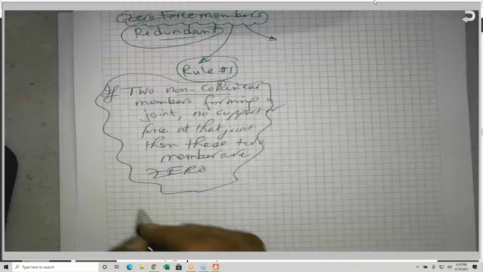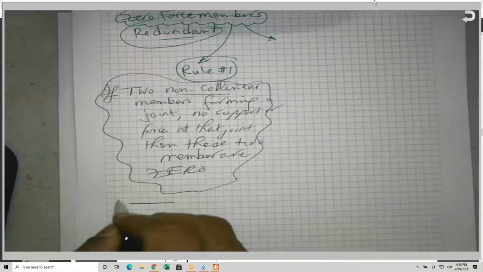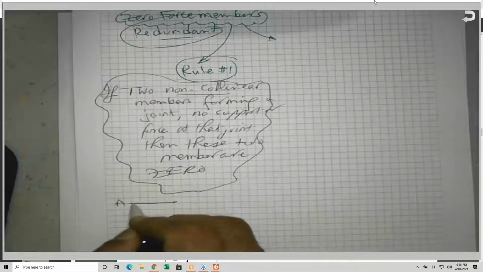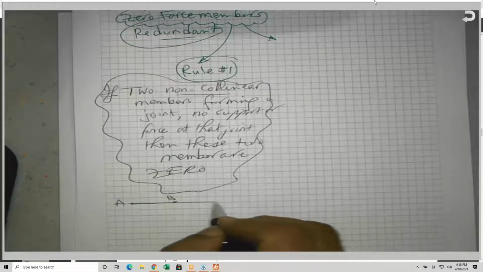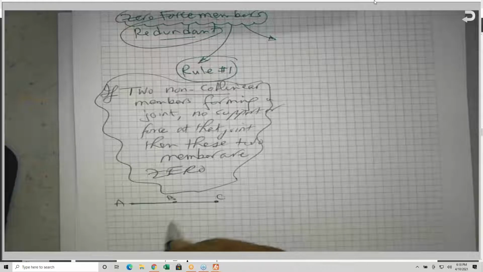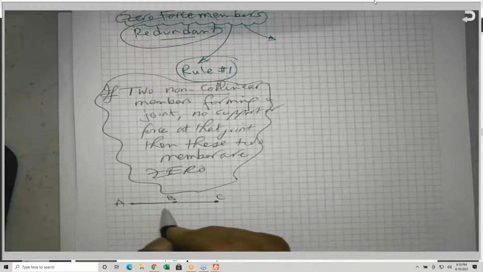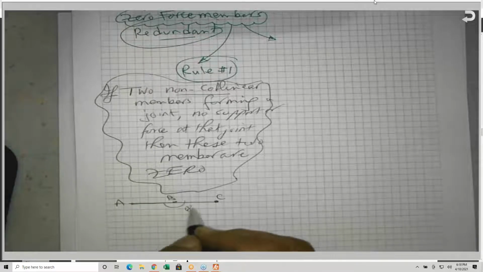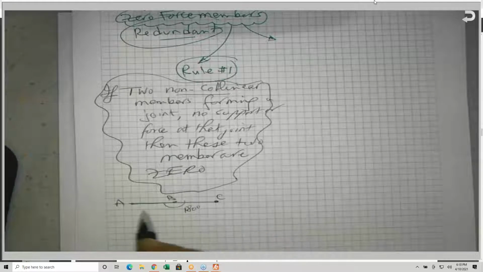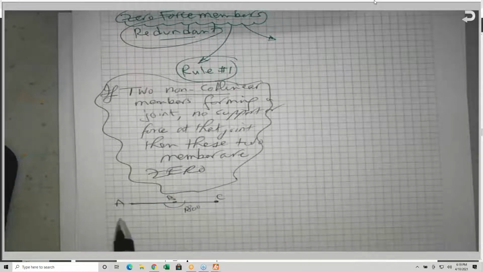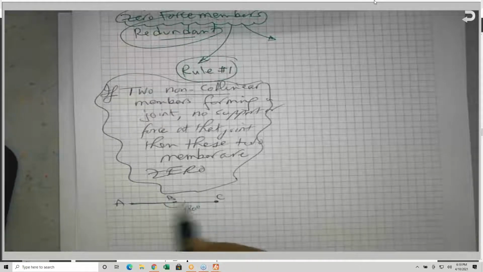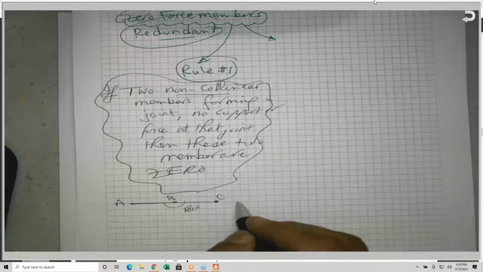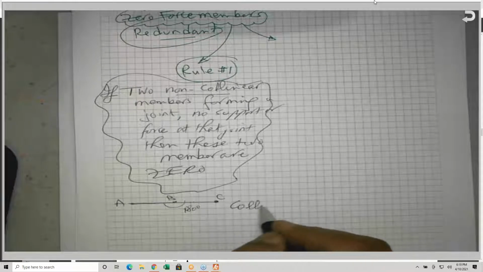So if this is a member AB and this is another member BC, if these 2 members have this angle to be 180 degrees or they have the same bearing, we call these 2 members collinear.